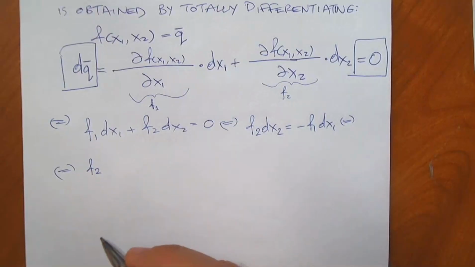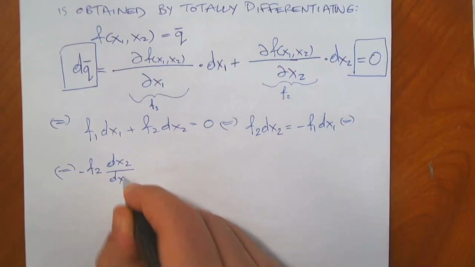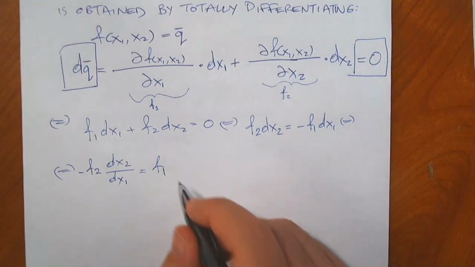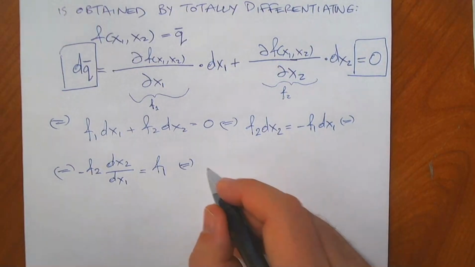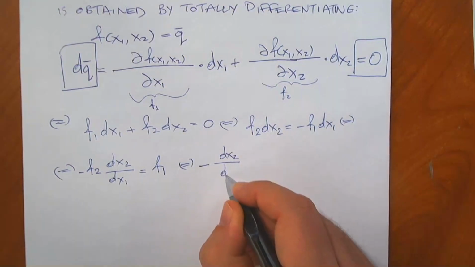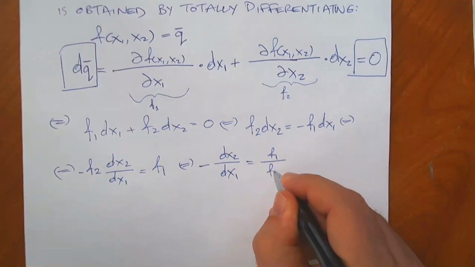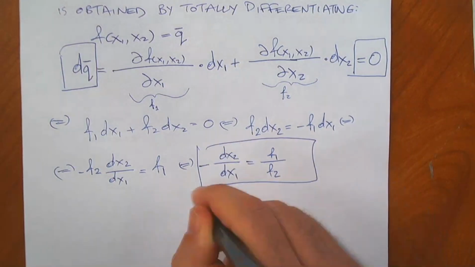Let me bring also the minus sign on the left-hand side. f2 dx2 divided by dx1 is equal to f subscript 1. So essentially, I multiplied by minus 1 on both sides. And then divide by f2 on both sides. I'm going to have this expression of dx2 over dx1 is equal to f1 over f2.